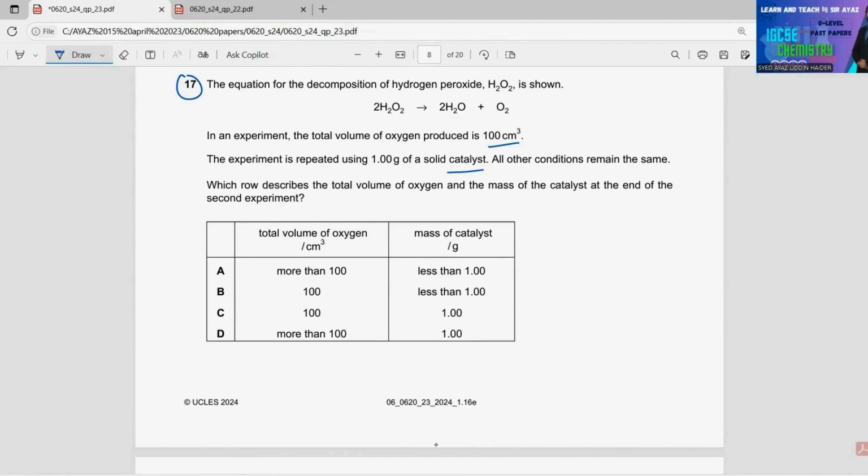Which row describes the total volume of oxygen and the mass of the catalyst at the end of the second experiment? That's for sure the mass of catalyst will not change, as well as the volume of oxygen produced. Only the state of the solid catalyst will change at the end of the experiment. So C must be the right answer in this case.